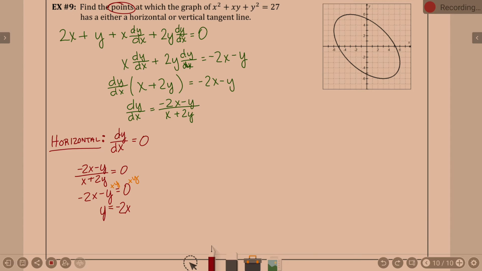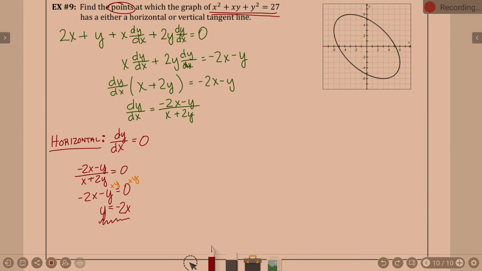We have an equation that combines x and y, so we're going to use that original equation. Every place I see a y, I'm going to replace it with negative 2x. Keep in mind we still have to do the vertical half of this problem, so space accordingly.